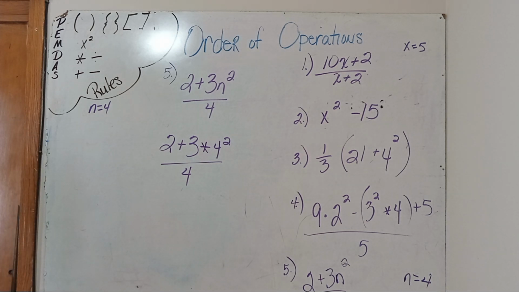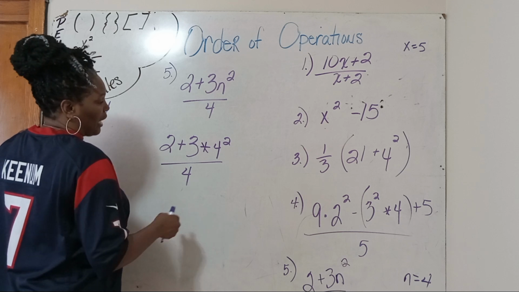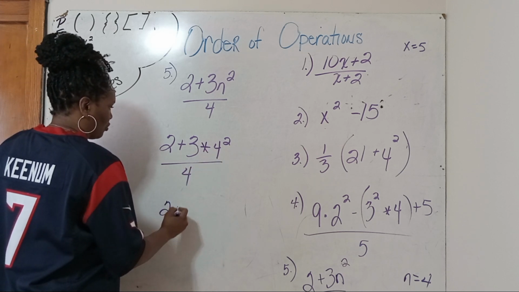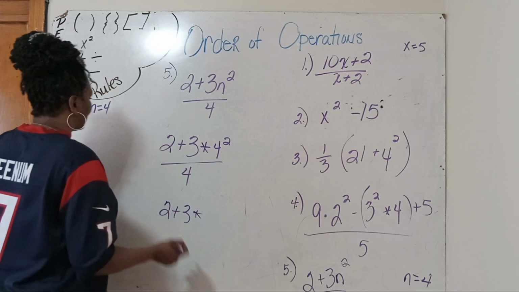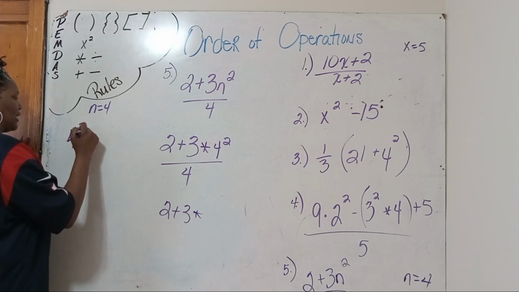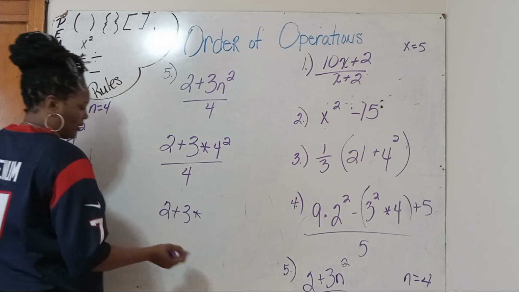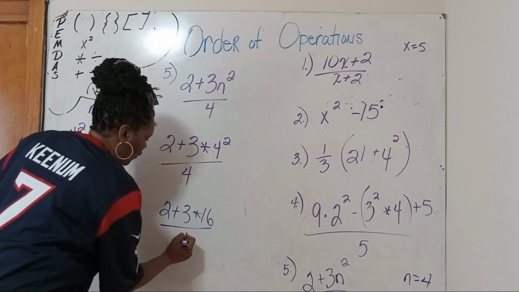Now let's go to the next part of this problem. Order of operations says I have to deal with this exponent. 2 plus 3 times 4 to the second. What's 4 to the second? 4 to the second is nothing but 4 times 4, which is 16. So times 16 over 4.